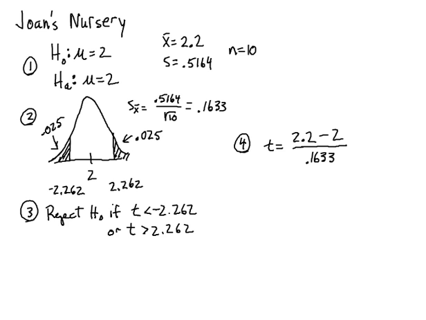When I do that, I get 1.22. So that is not strong enough evidence to show that the average planting time differs from 2 hours. So I do not reject H sub 0.